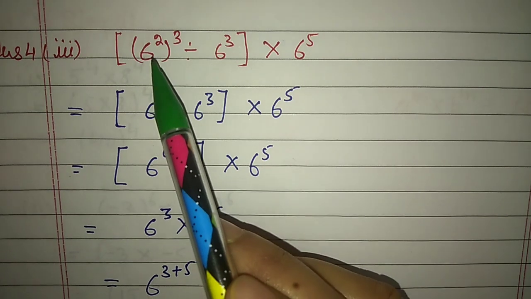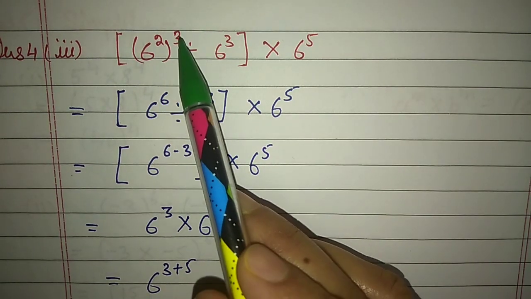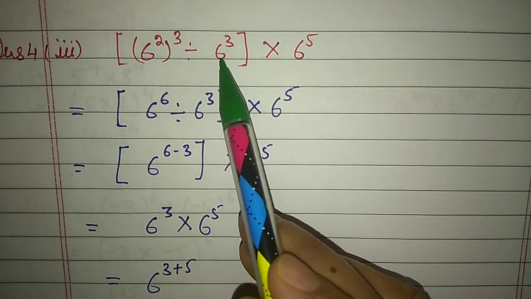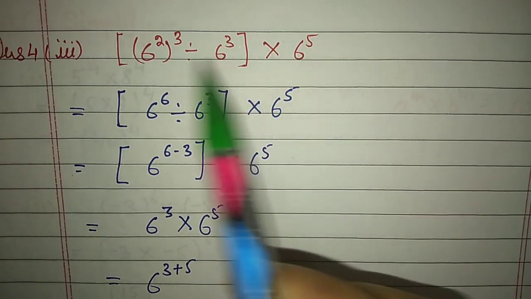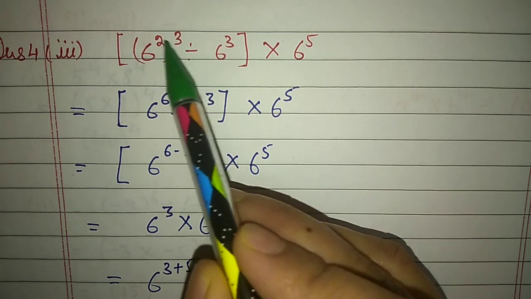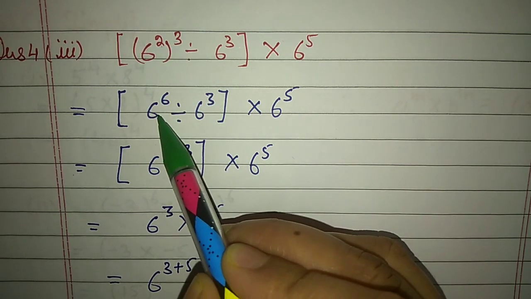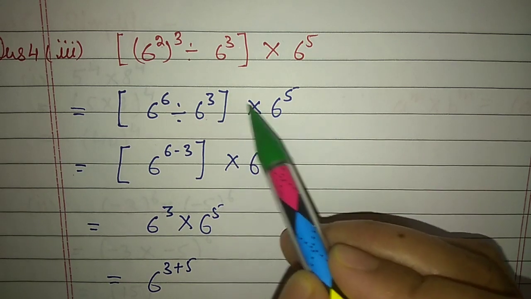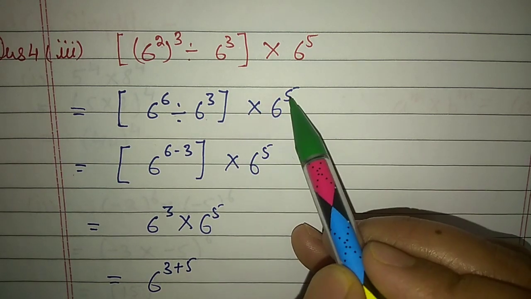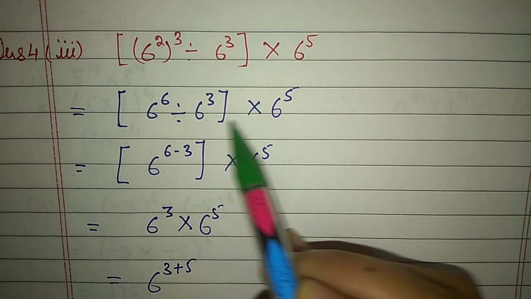Fourth, third part, (6^2)^3 divided by 6^3, then multiplied by 6^5. First power to the power means we have to multiply, so it will become 6^6 divided by 6^3, then multiplied by 6^5. Base is same.